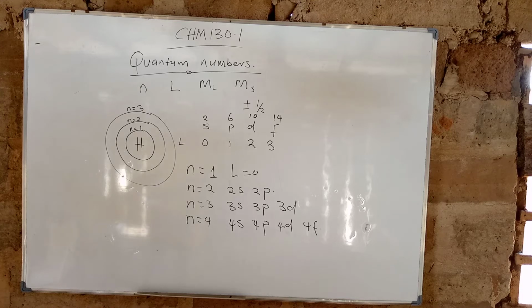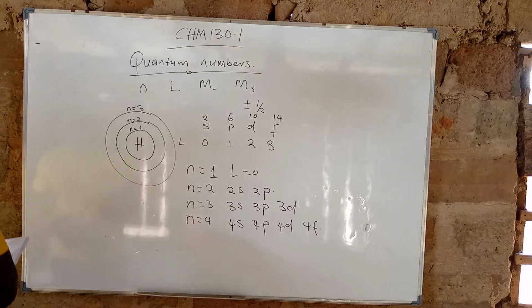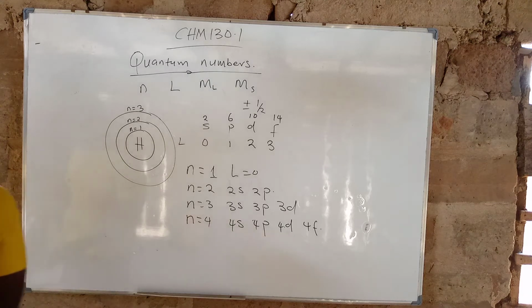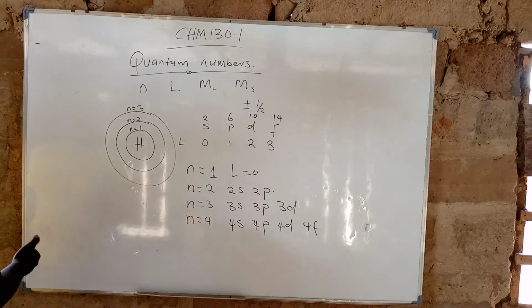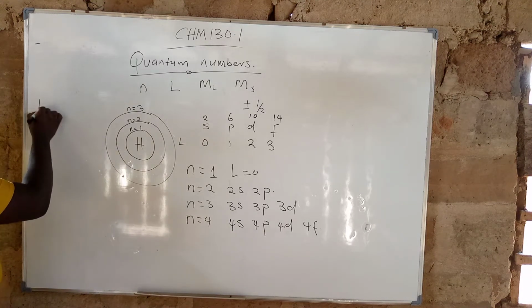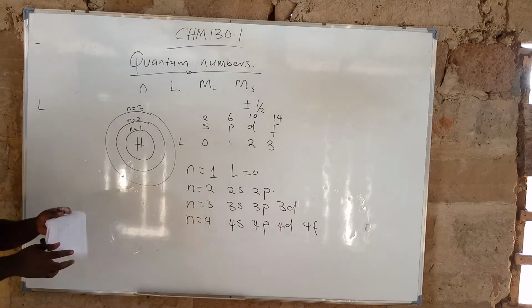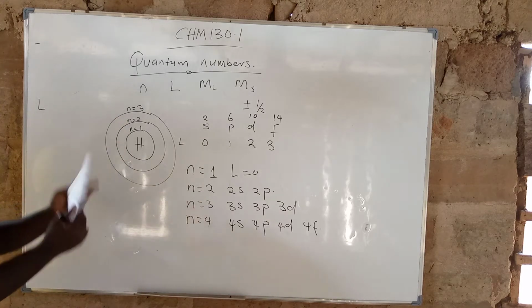We have to know the relationship between L and ML. Note, I already said that when we're talking about L, we're talking about the shape of the orbital, the subshell.